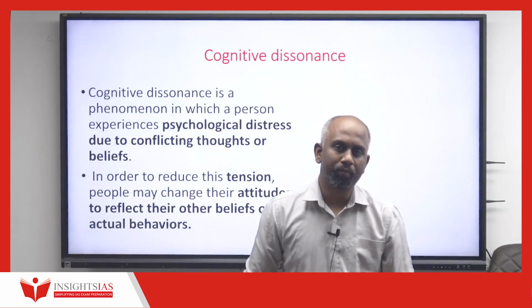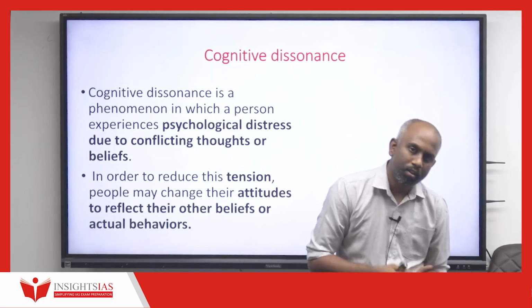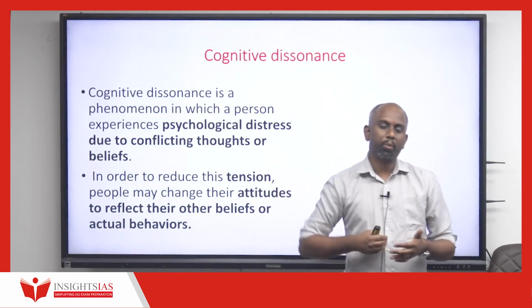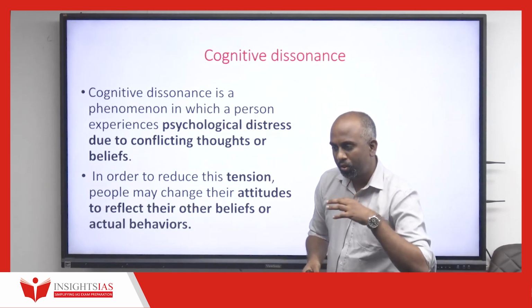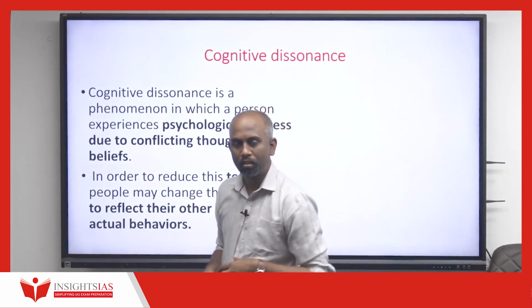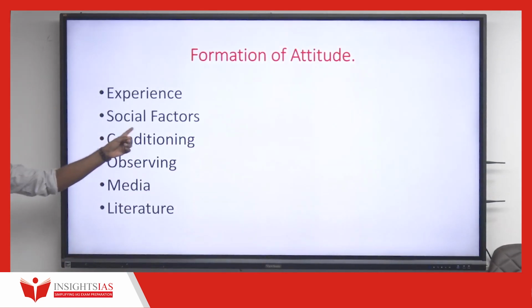You might have wondered, why is it that these people who are educated and literate are not going ahead with their decision? The reason being, still to a very large extent, our attitudes are formed and are practiced based on social factors, that is, religion.